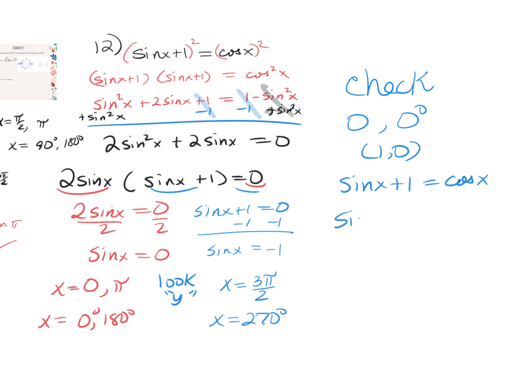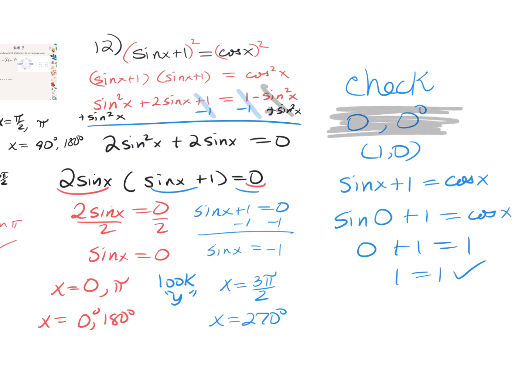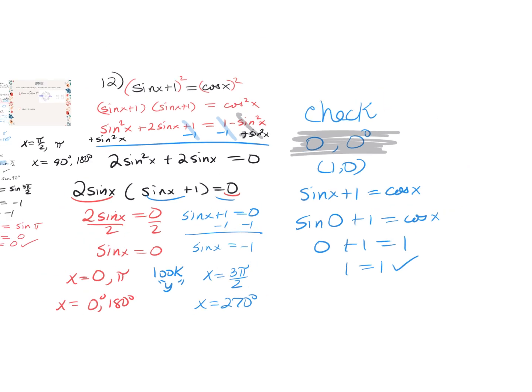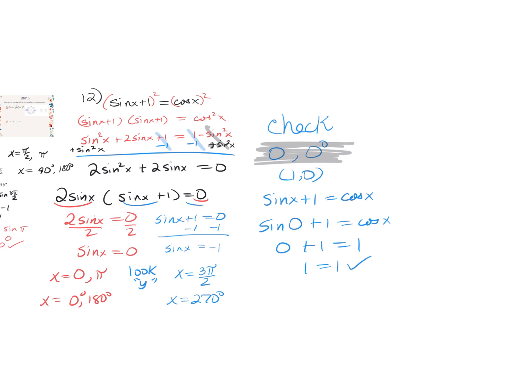So once I plug in the 0, remember sine looks at y. So this is going to become a 0. Cosine looks at x. And then when I add 0 plus 1, it equals 1. So this is a good answer so far. So far so good on both of these. And then now we're going to check. Next, we'll check the pi.